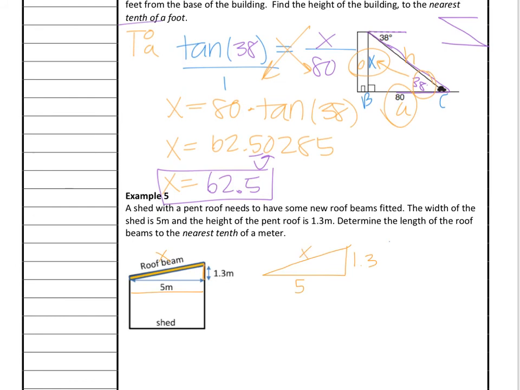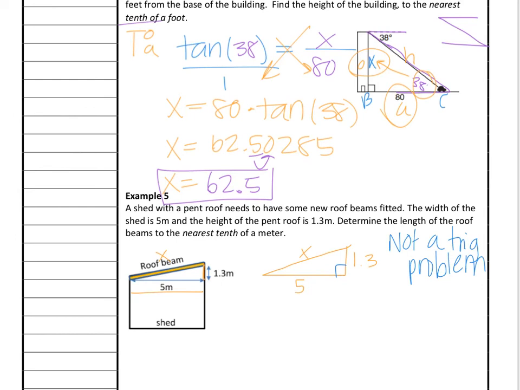And so this is actually not a trig problem, because we don't have any given angles besides the fact that, of course, that's a right angle. And we can't ever circle the right angle because we can't solve it in that way. So when we have two sides given and we're looking for the third side, we're going to use something called the Pythagorean theorem.